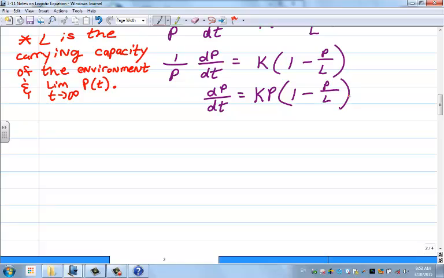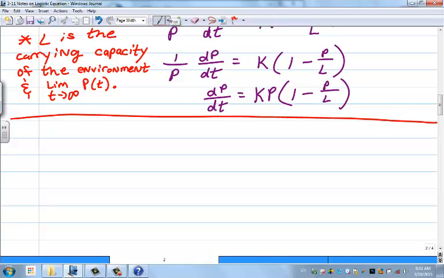All right, so now I'm going to give you the meat of what you need to know. First thing is dP dt, which I just wrote up above, is equal to kP times 1 minus P over L.